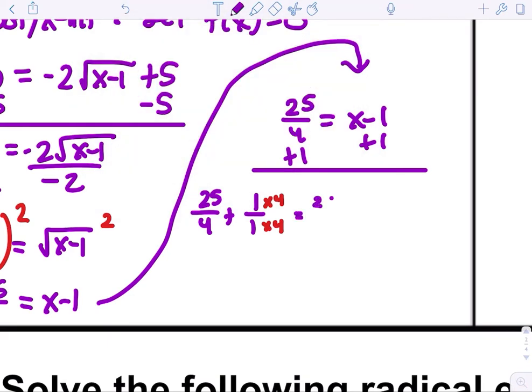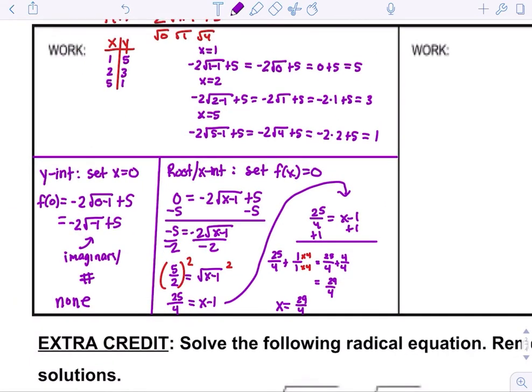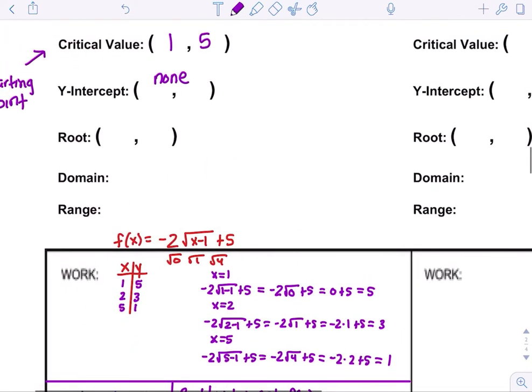This is going to equal 25 over 4 plus 4 over 4, but that's simply just 29 over 4. And this is going to be your x. So x is going to equal 29 over 4. So when you write this down up here, it's going to be 29 over 4, comma, 0.